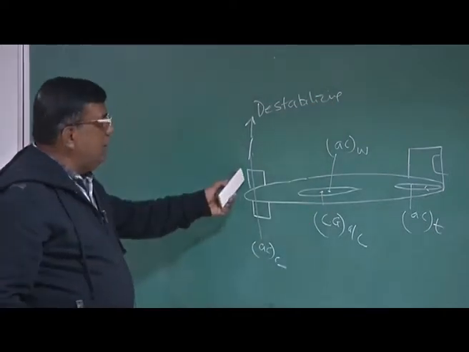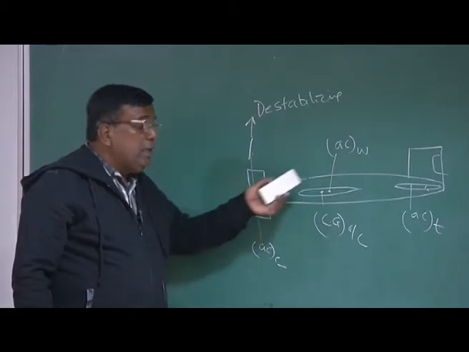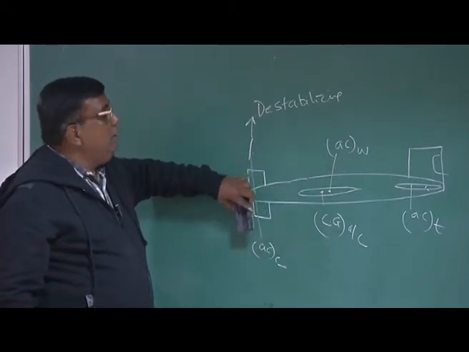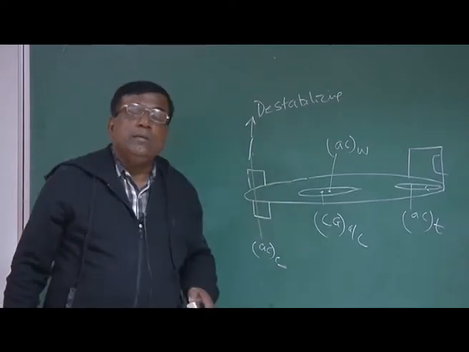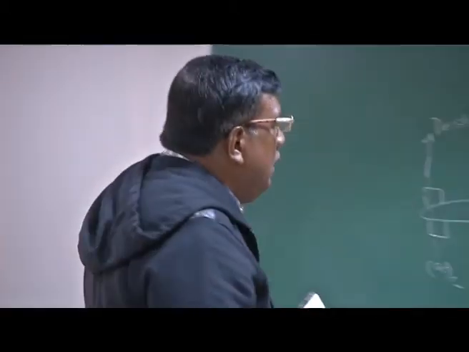We know that aerodynamic center is ahead of center of gravity of the aircraft, so it will be destabilizing. So whatever static stability it had without this canard, the moment I put the canard, its static stability will reduce. And if it is not properly designed, it may become statically unstable also.